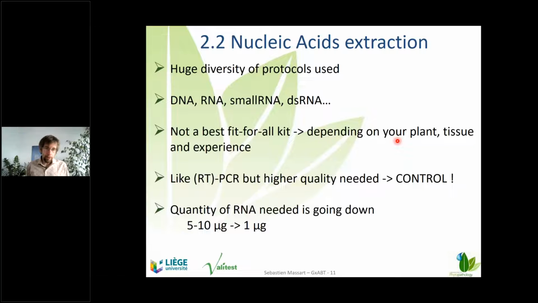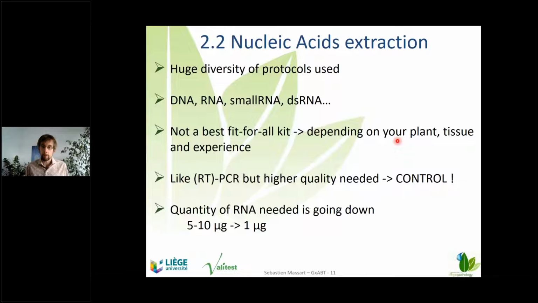I will first answer an interesting question, which is the quantity. Do I need a big quantity in terms of microgram of RNA to carry on my high throughput sequencing? And this is the same for DNA. But for RNA, when I started using it like a decade ago, we needed a lot of RNA, 5 to 10 microgram. It was a huge amount in some cases.